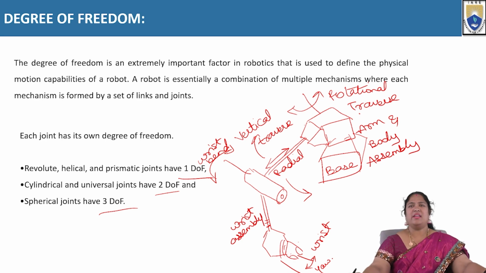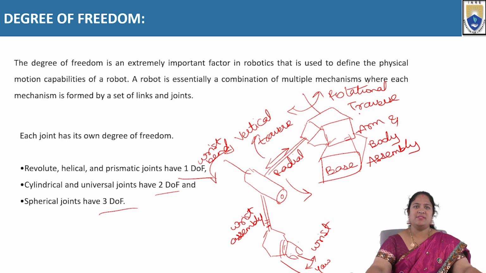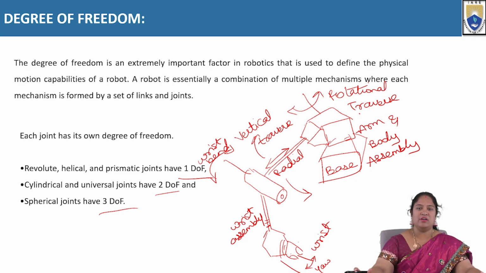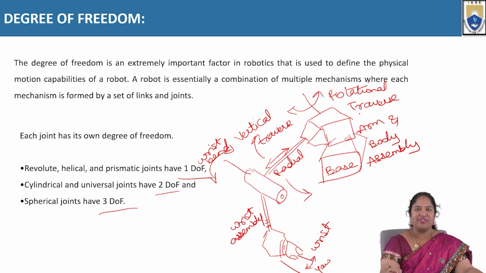So this is the diagram of a robot. In this we will be seeing how the motions will be carried forward, what are the 3 rotational motions and what are the 3 axial motions which we are having, that we will be seeing in this particular figure. So here we have a fixed base to which we have the arm and the body assembly being done. Right?